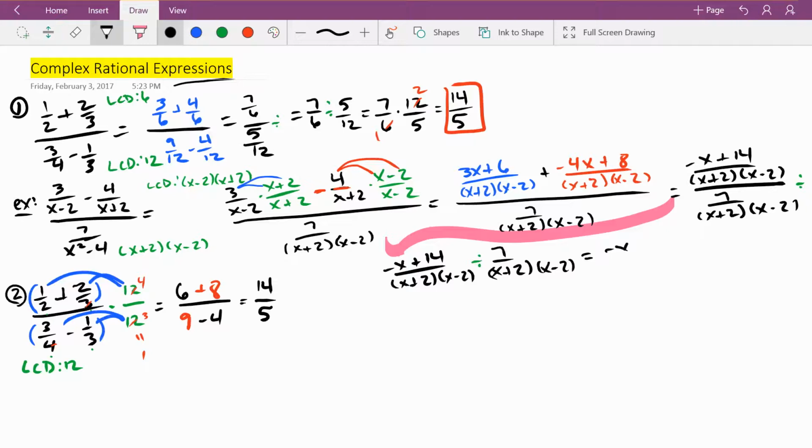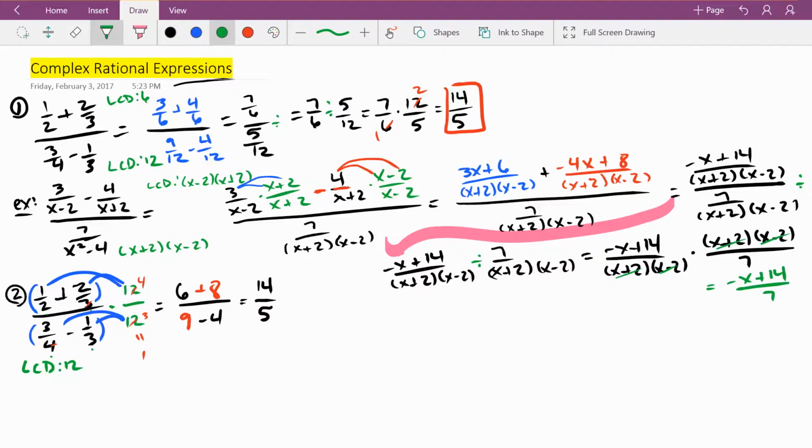Negative x plus 14 multiplied by... now I conveniently chose one that would get some canceling because this problem was long enough. Both the x plus 2's and the x minus 2's cancel. So our final result is negative x plus 14 all over 7.